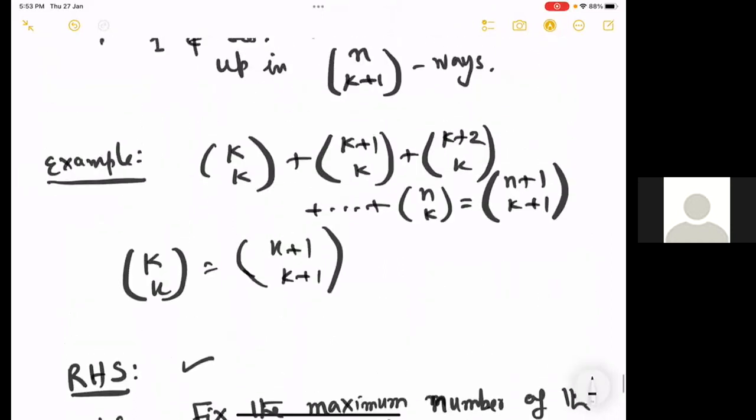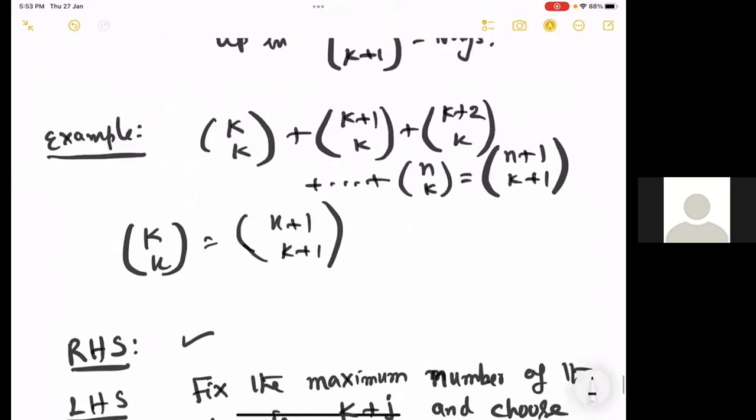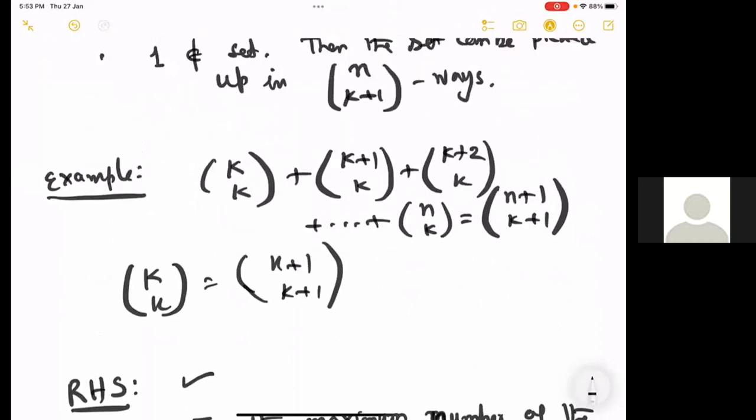That is what we are doing, right? For example, look at the first term, k choose k. If your maximum element is k plus 1, then you don't have any choice, only k choose k. If the maximum element is k plus 2, then you have a choice of choosing k from k plus 1, k plus 1 choose k. If the maximum element is k plus 3, then you have the choice k plus 2 choose k, and so on. And if the maximum element is n plus 1, then you have a choice from n choose k.